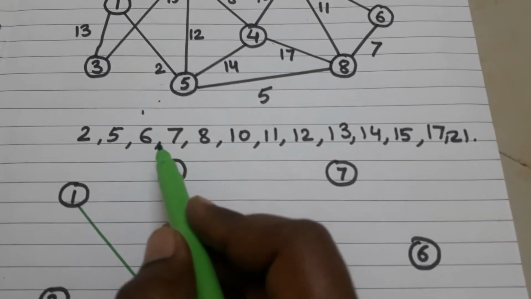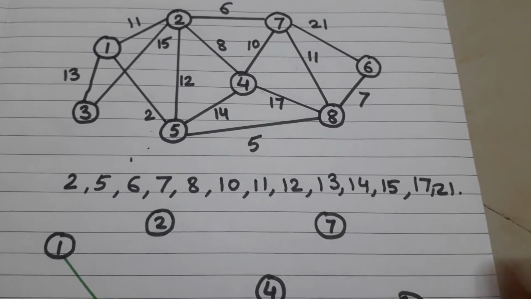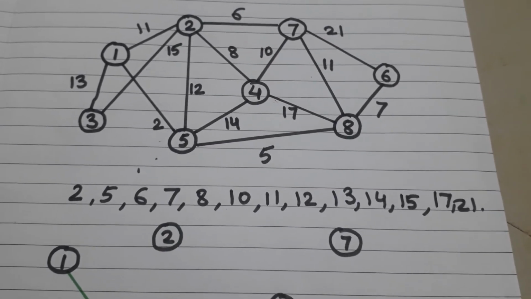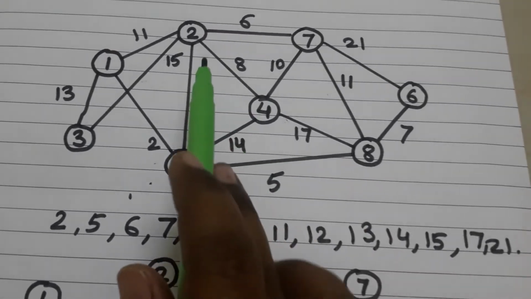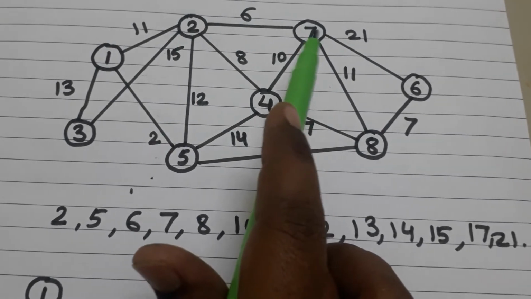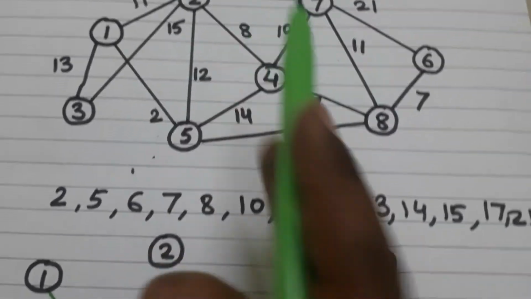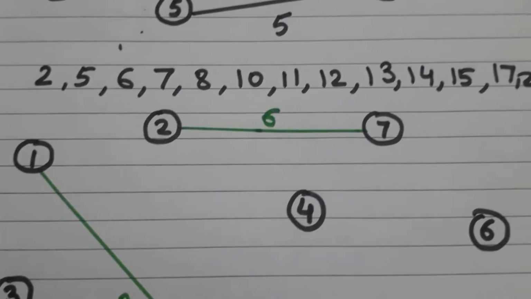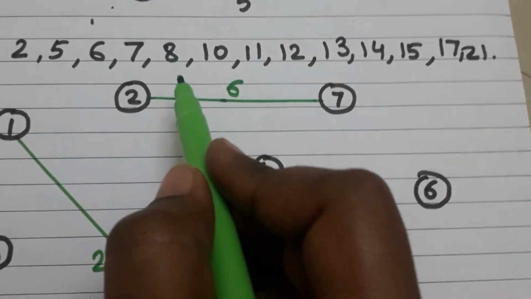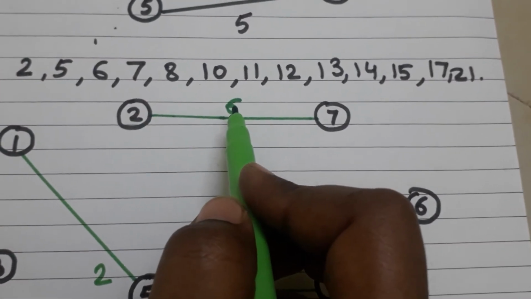The next edge is 6. 6 is present for the edge 2 to 7 or 7 to 2. Its weight is 6. So this edge we have to add here. Now the edge 2 to 7 or 7 to 2 with weight 6 is added.